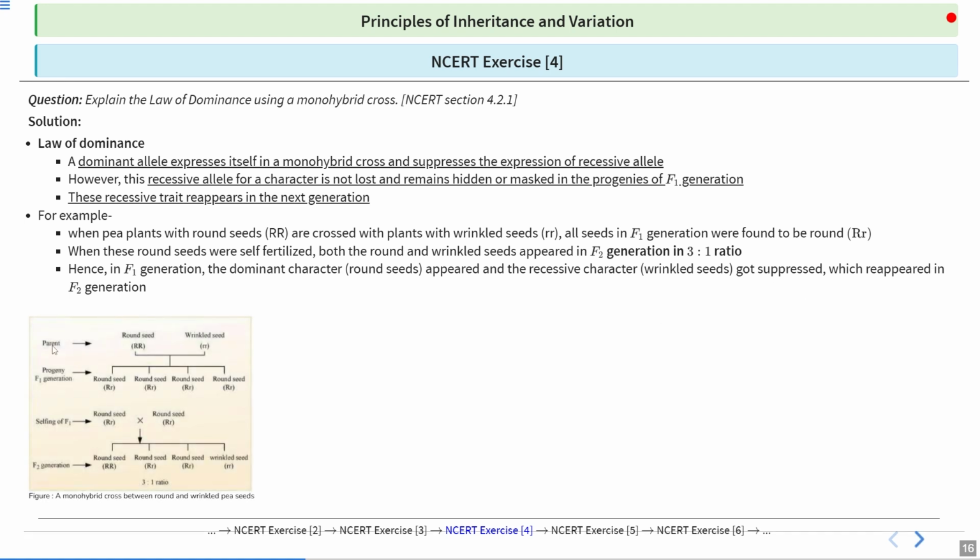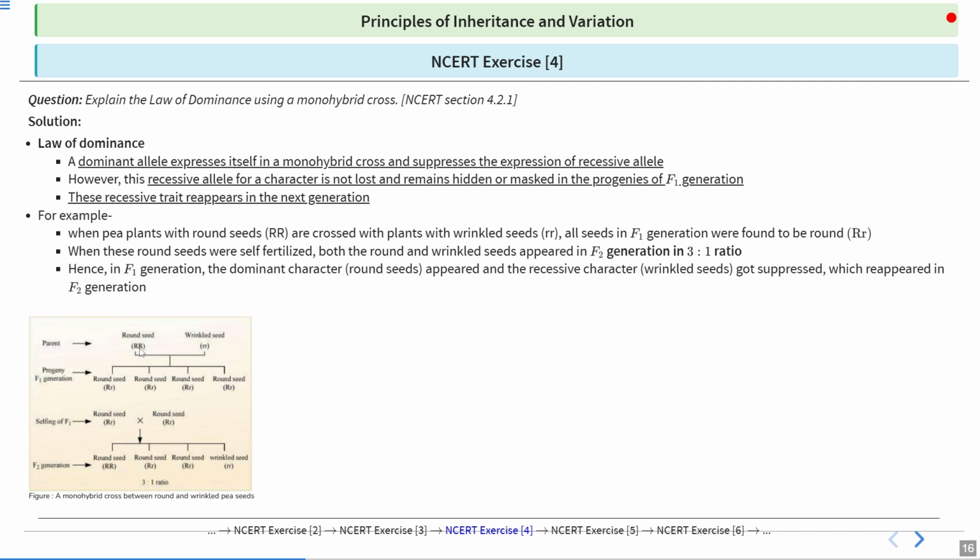So here you can see these are the parents. One of the parents is having round seeds. Another parent is having wrinkled seeds. Genotype is also given, capital R and small r. So they are homozygous for a particular trait. Both the parents are homozygous. Then you can write the gametes which are being produced here.